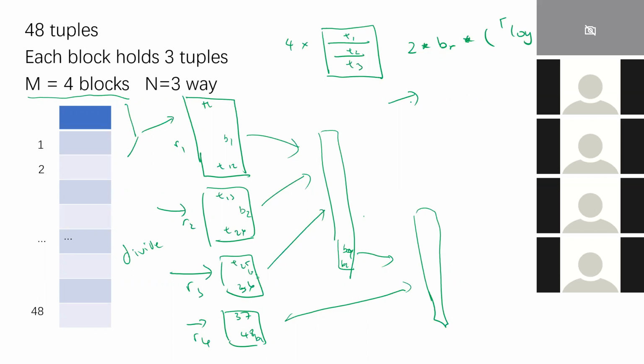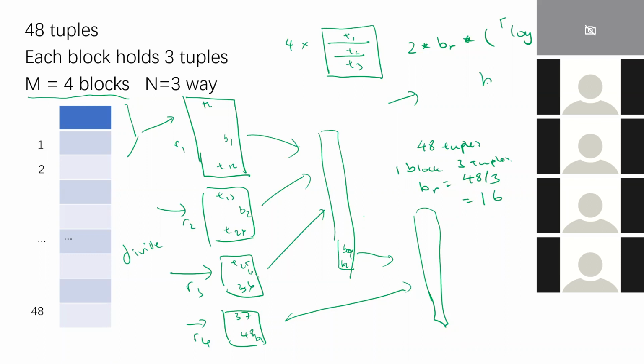So right now we have 48 tuples, and each block holds 3 tuples. So the number of blocks will be 48 divided by 3, which equals 16.